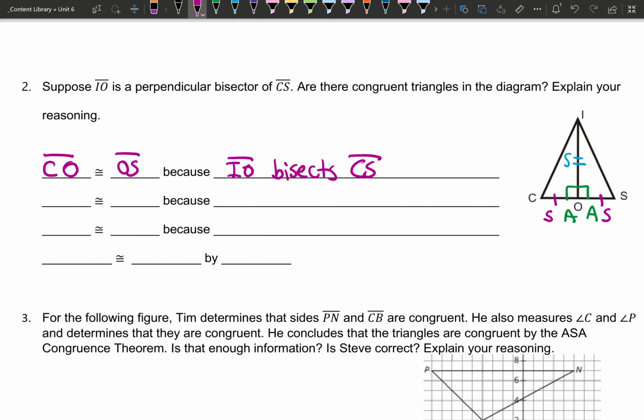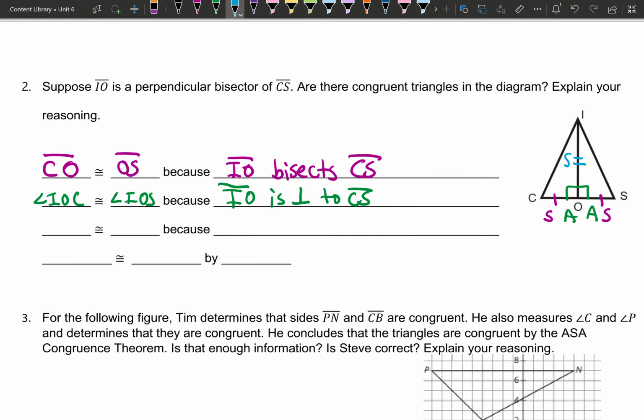Okay, next, let's talk about the angle. We got angle IOC congruent to angle IOS because IO is perpendicular to CS. When something is perpendicular, it creates a 90-degree angle.